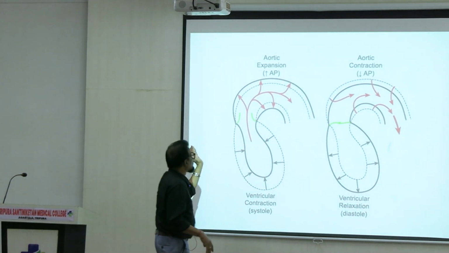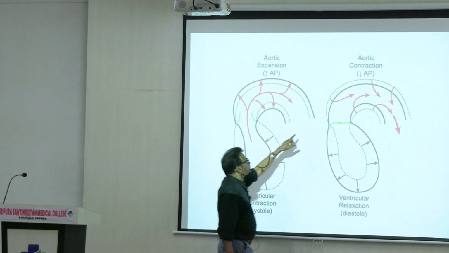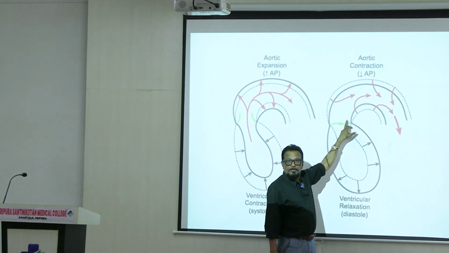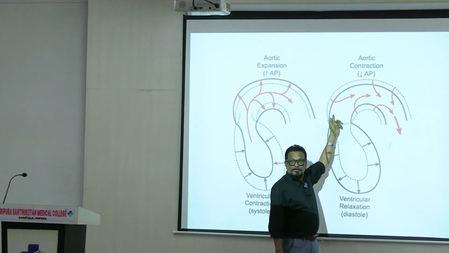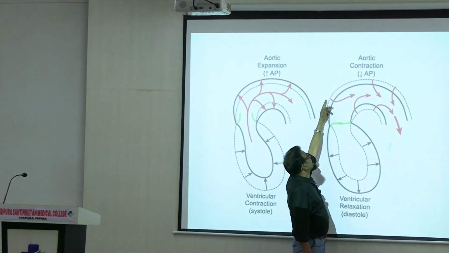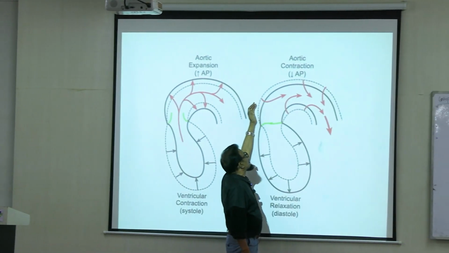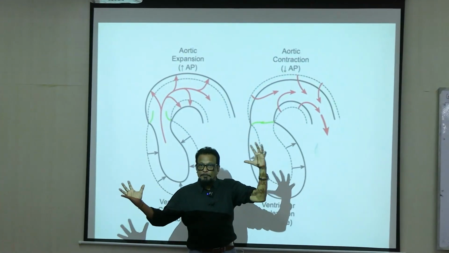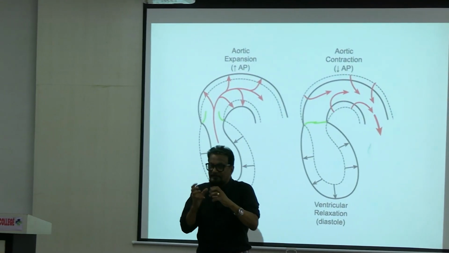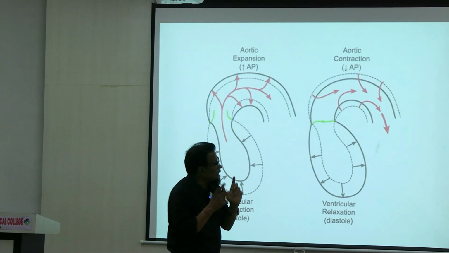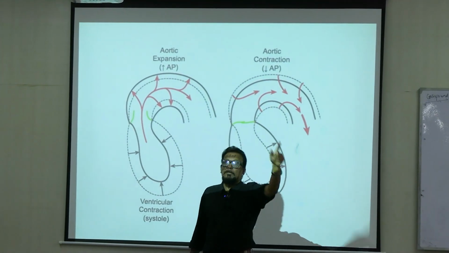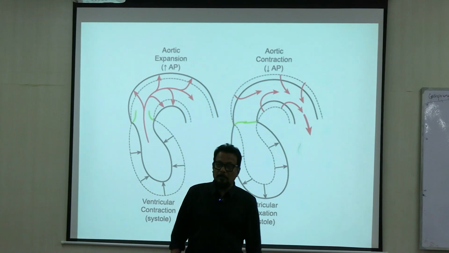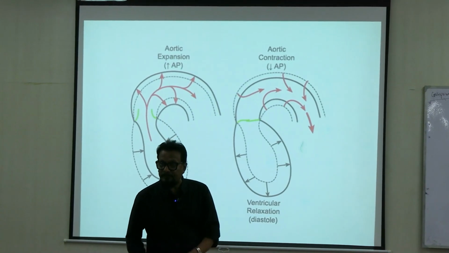And see, after the completion of the systole, this aortic valve will be closed. No blood will be entering. Now, what will happen? Because of its elasticity, this vessel will come to its original position. As a result, that 70 ml of blood will be forced in the forward direction.